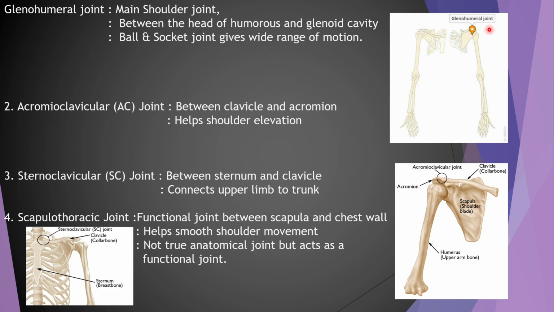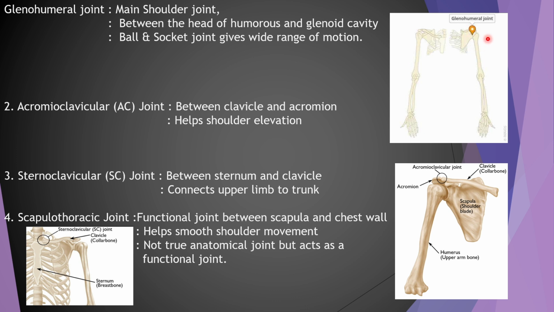So this one is the glenohumeral joint. This is the main shoulder joint, found between the head of the humerus and the glenoid cavity, which is part of the scapula.